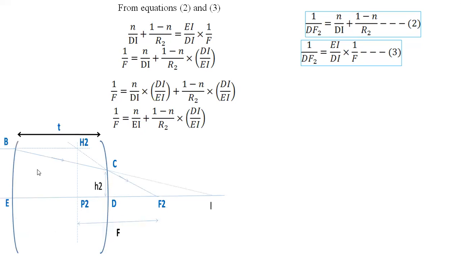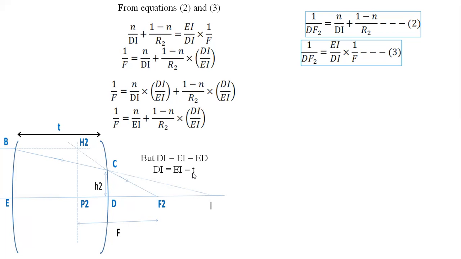Now, according to this diagram, you know that the distance ei to di, you can write di as ei minus ed. Remember, di is equal to ei minus ed, and ed is nothing but the thickness of the lens.